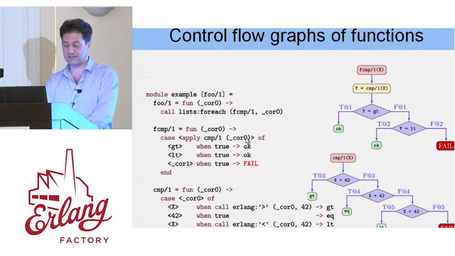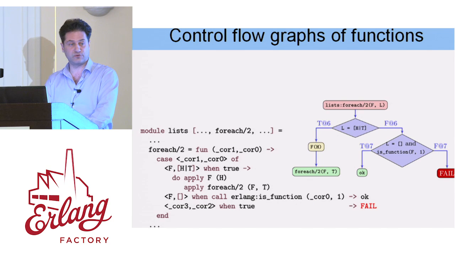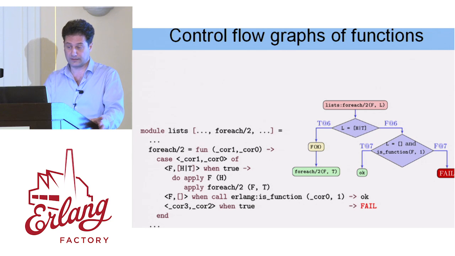So this is exactly the same representation, but in control flow graphs. The same for the list for each function. Notice that now I called also a function from another module, and CutEr automatically knew how to instrument this library and follow the control flow graph there. So actually, CutEr can handle the whole OTP pretty much.